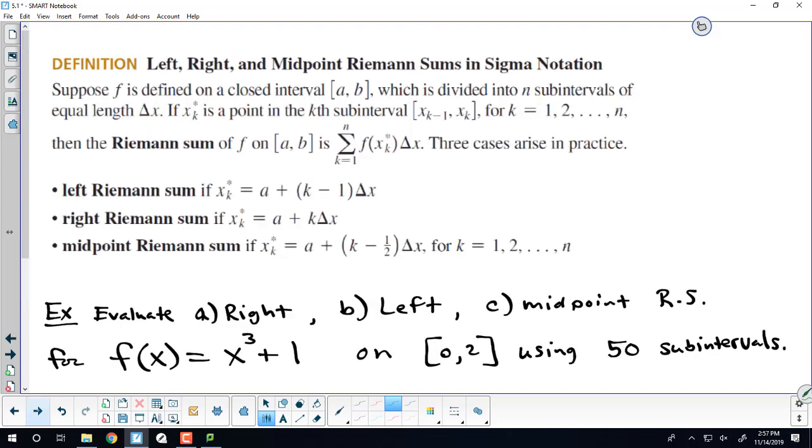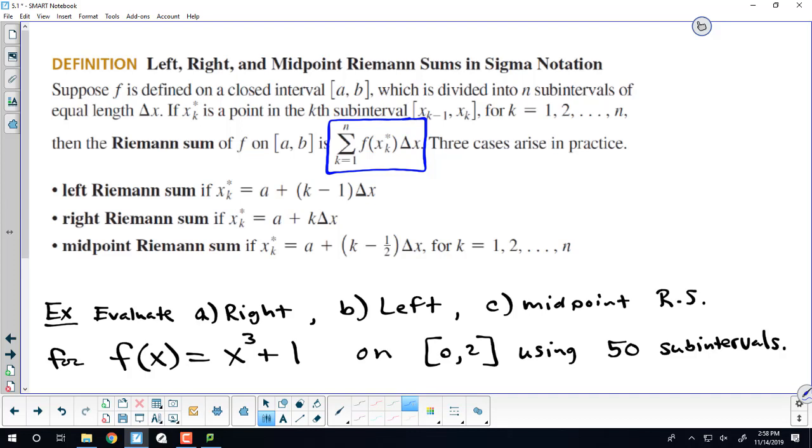So all we're doing here is redefining the Riemann sum in terms of summation notation, which is right here. Instead of writing out delta x times f of x star sub 1 plus delta x times f of x star sub 2 plus dot dot dot, we're just going to write it compactly using the summation notation. But nothing else has changed.